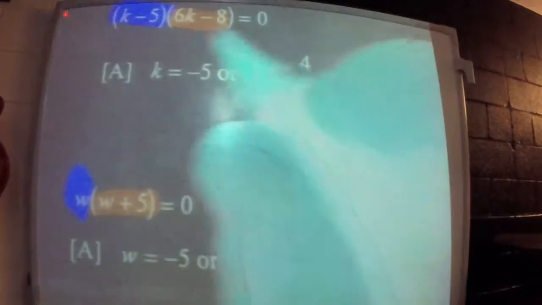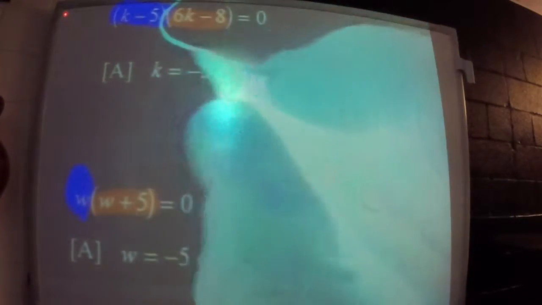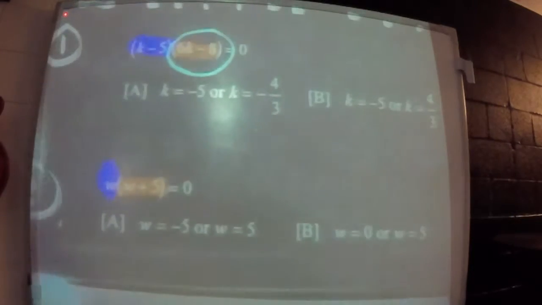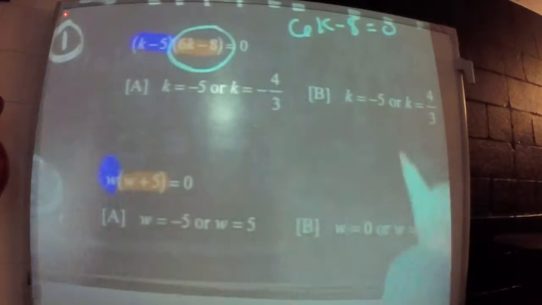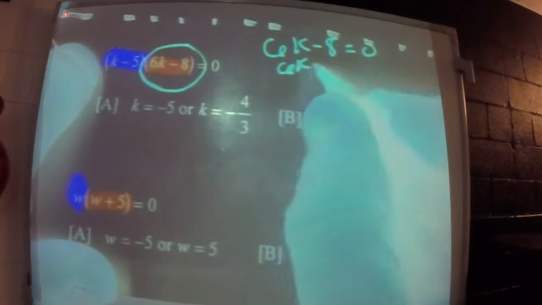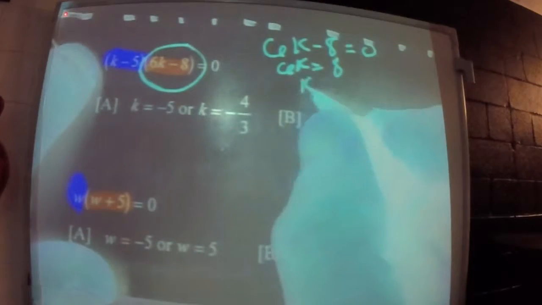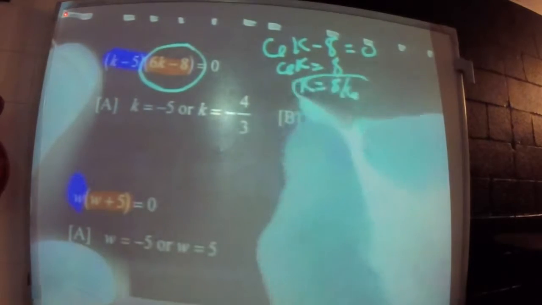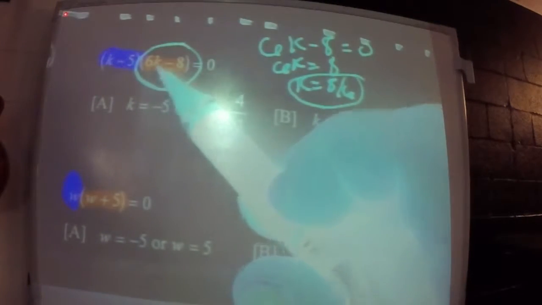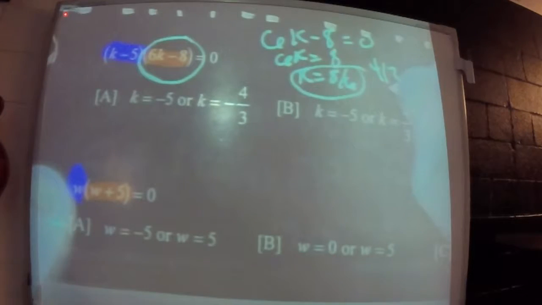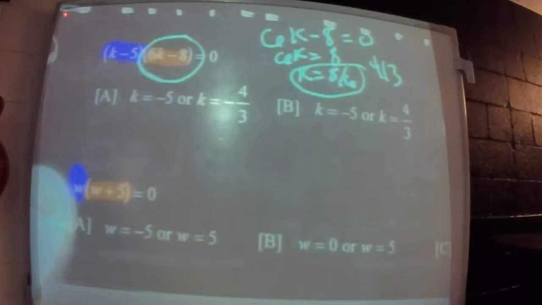What is it? 4/3. If you didn't know where to get that, 6k minus 8 equals 0 gives you 4/3. 6k equals 8. K equals 8/6. And that reduces to 4/3. So you get 5 from here. You get 4/3 from the other one. So we want C.